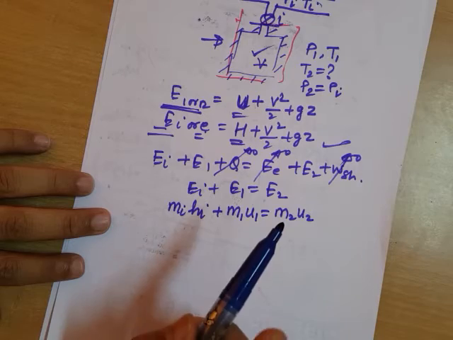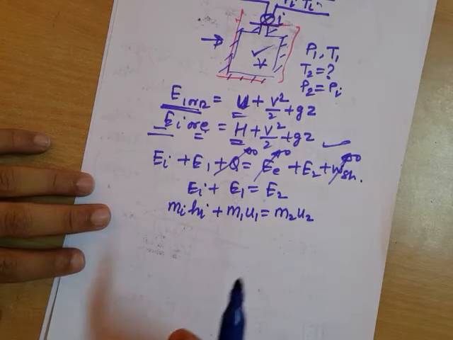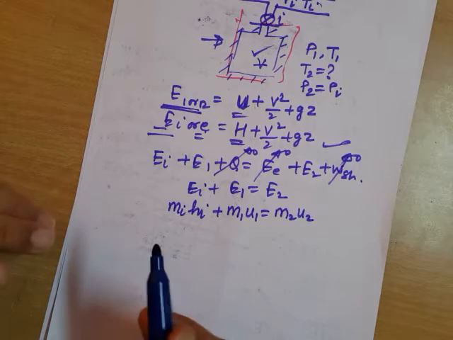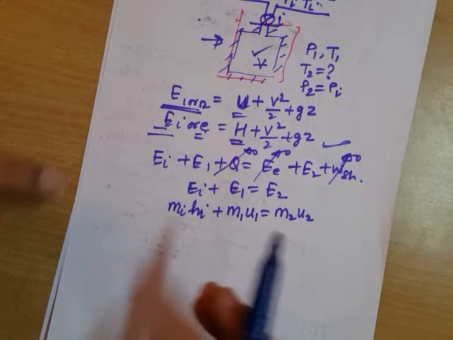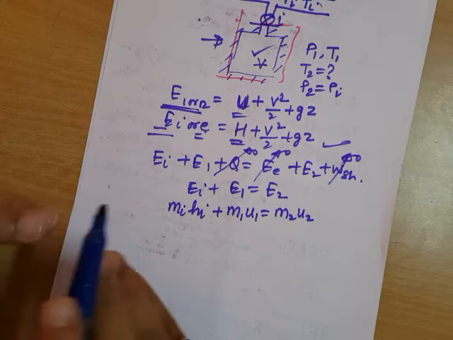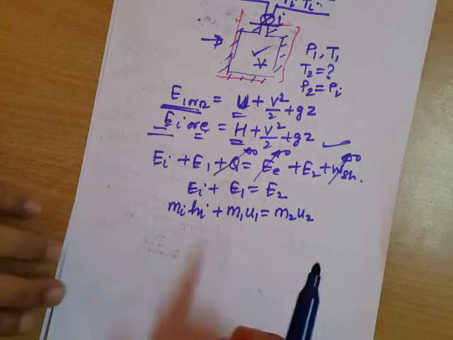Because if the mass conservation fails, then there is no point in solving any of the equations, and that particular flow situation or energy interaction situation will be a fraud. It will not be possible at all.